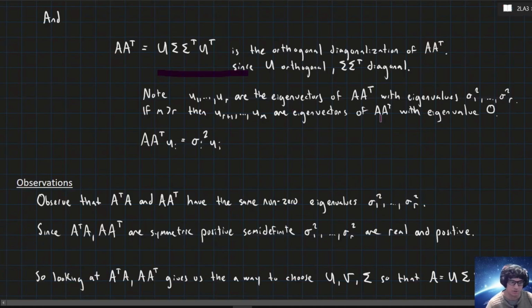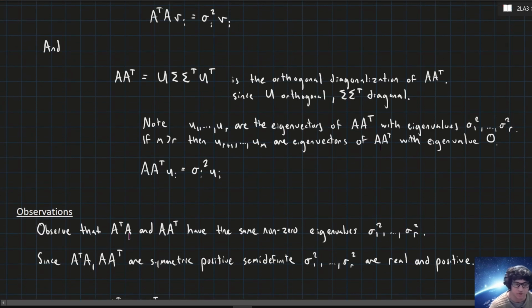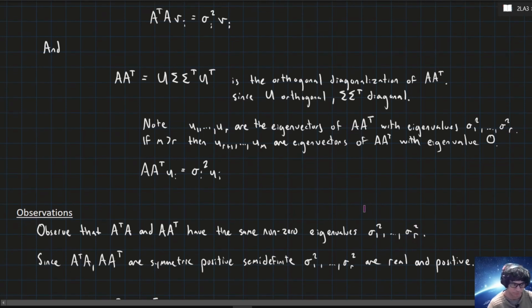Let's observe that A transpose A and A times A transpose have the same non-zero eigenvalues, this set, sigma 1 squared all the way up to sigma r squared. They share those non-zero eigenvalues.